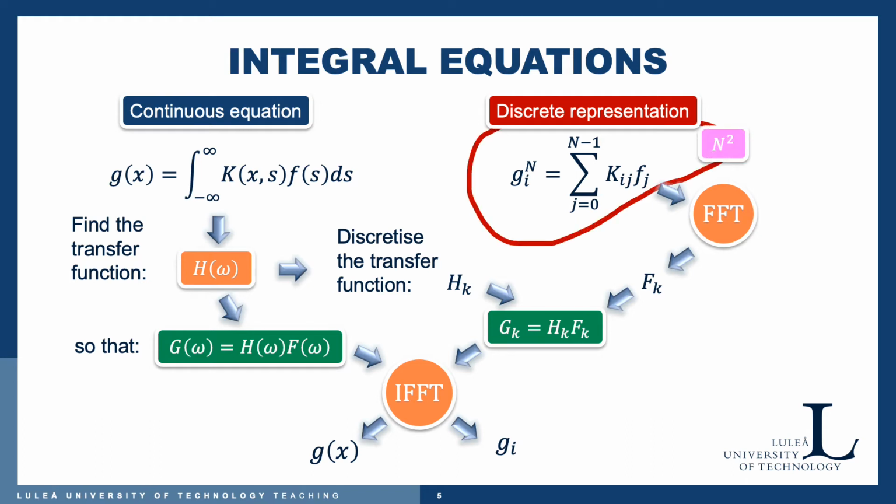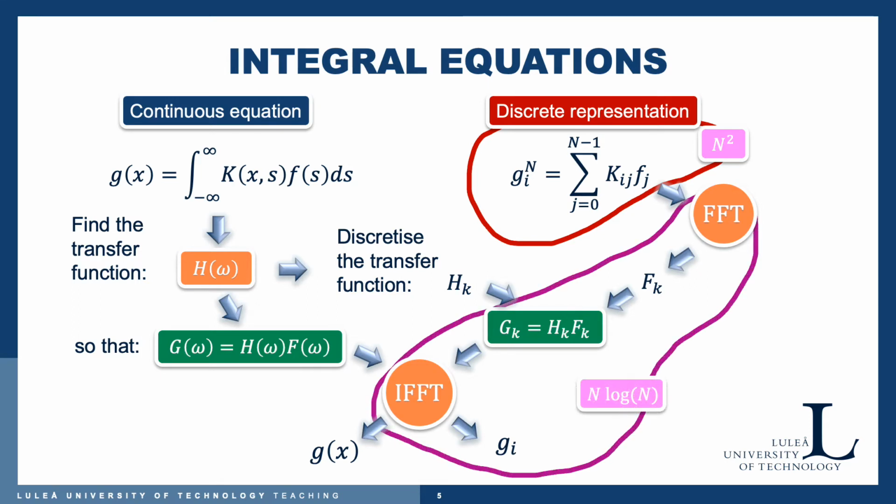So this could be useful because this first summation operation is n squared operations. But FFT is n log n and IFFT is n log n, so that's just 2 n log n operations, plus the n operations to multiply H_k with F_k.